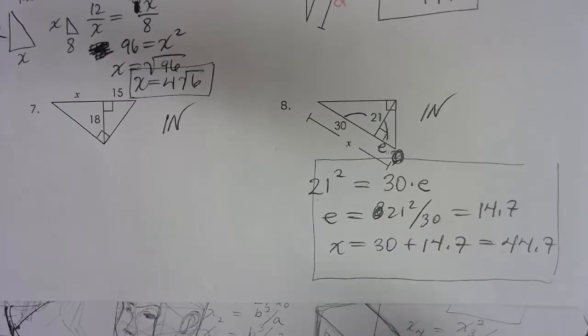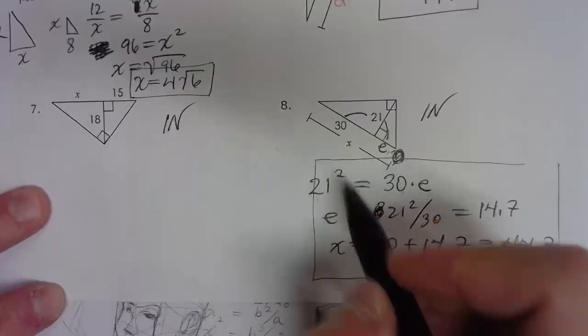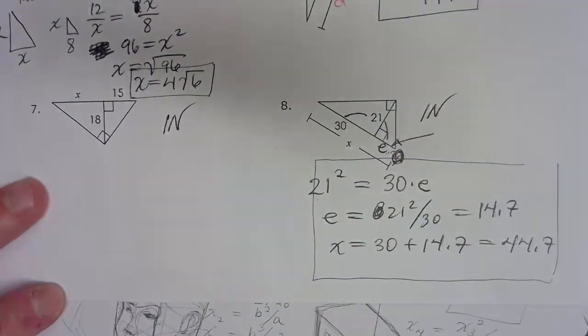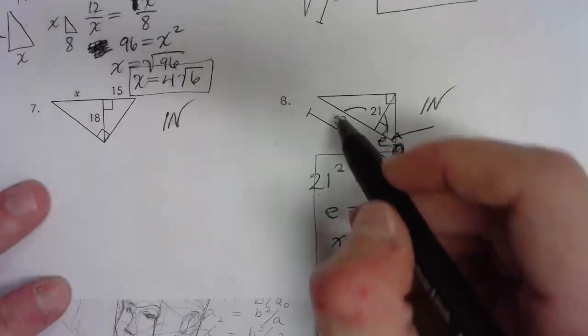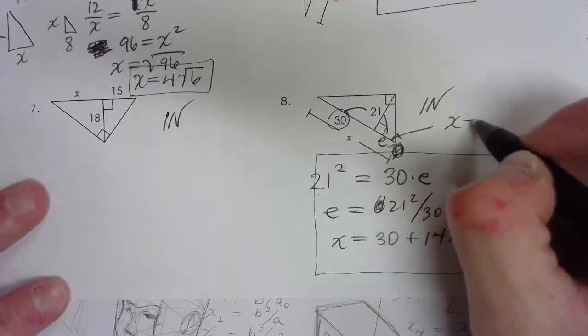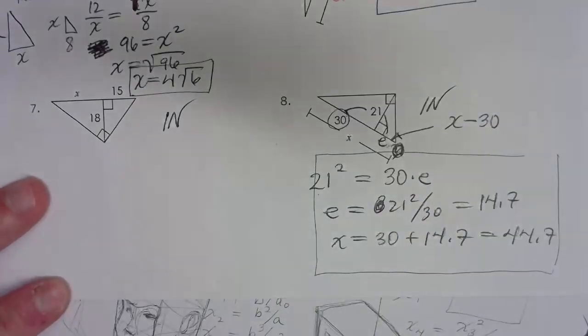Alrighty? But if you solve this another way, you get something crazy. Can you imagine? I had a student earlier say this. What is this length? Well, you have 30 here. You know the total length. So isn't this length x minus 30?